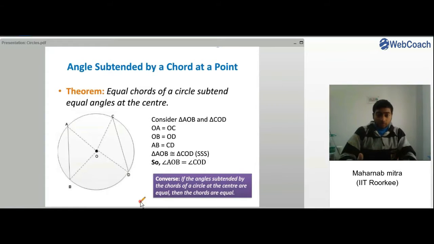And if you find the converse of it: if the angles subtended by the chords of a circle at the center are equal, then the chords are also equal. Or the other way around, if two chords, which we don't know whether they are equal or not, subtend equal angles at the center, then the two chords must be equal.